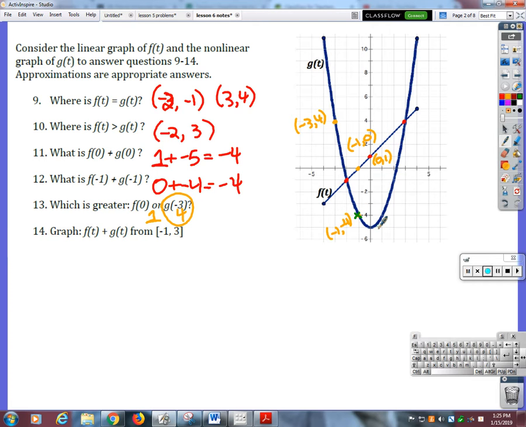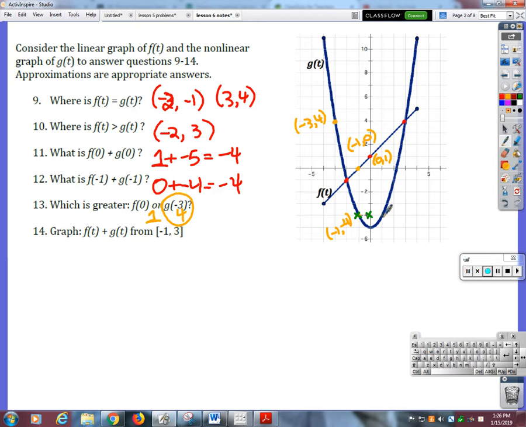Then, Lindsay, if I go over here to 0, what's the y coordinate there? Negative 5. What's the y coordinate here? 1. And if you add those together, what do you get? Negative 4 again. That's kind of weird. If I go over to here, what's the y coordinate of this graph at 1? Right, negative 4 and 2.